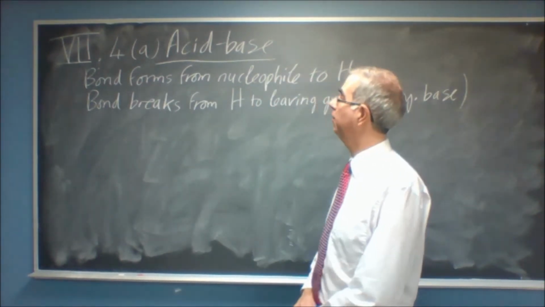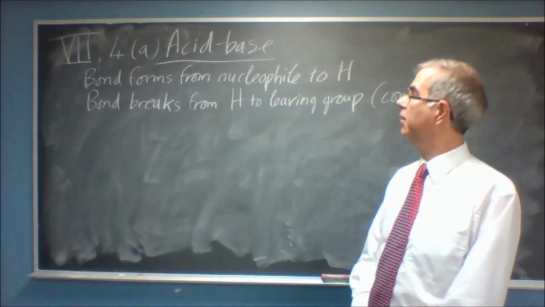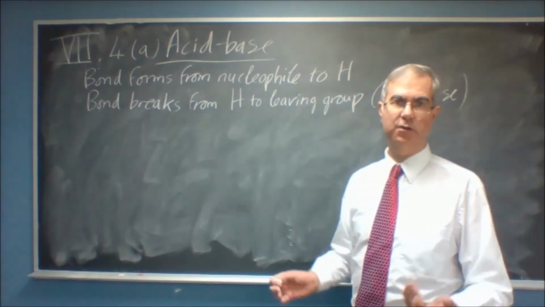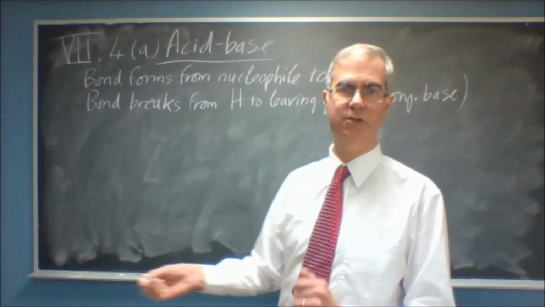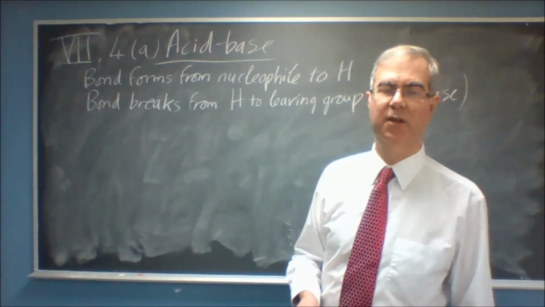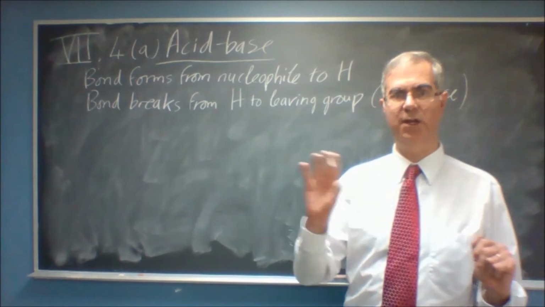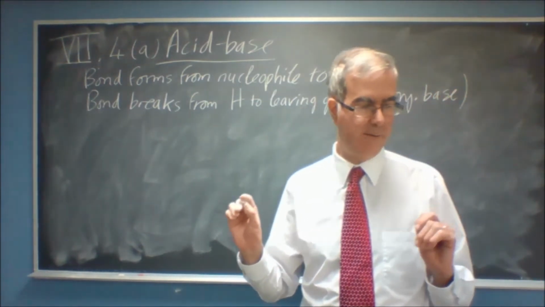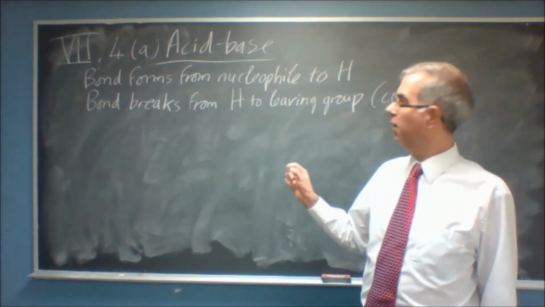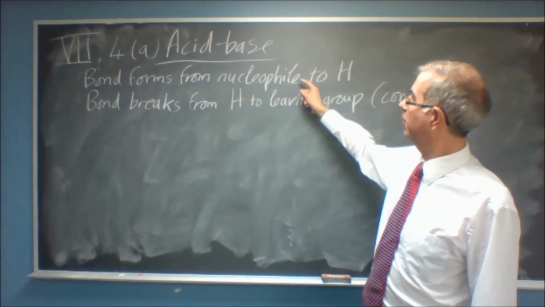Okay, probably the commonest one is the acid-base step, and I've shown you one of those already where I showed, as I said, the one that was wrong and then I fixed it, between HCl and CH3NH2. So notice what happens.